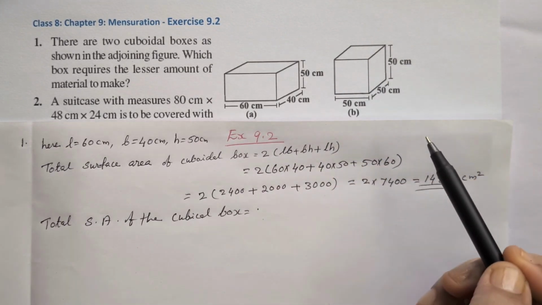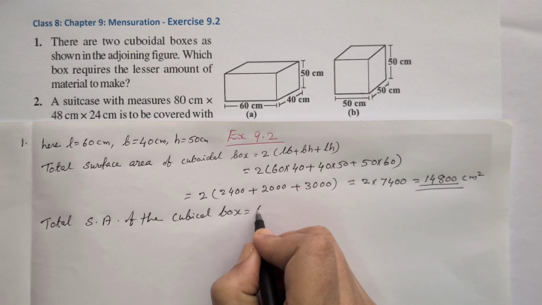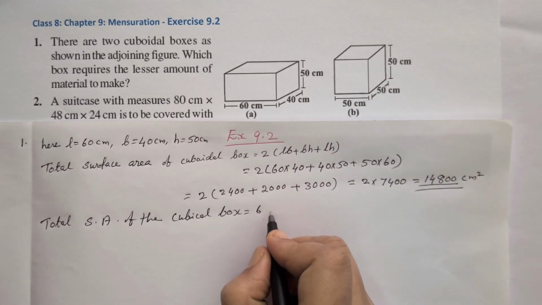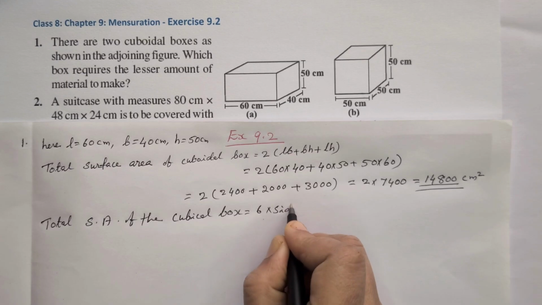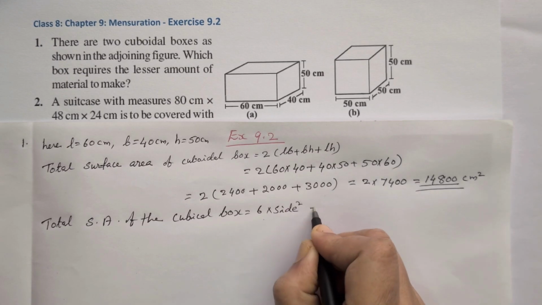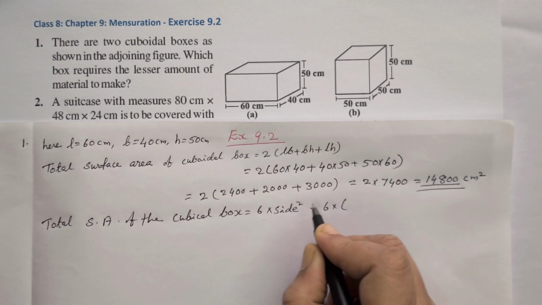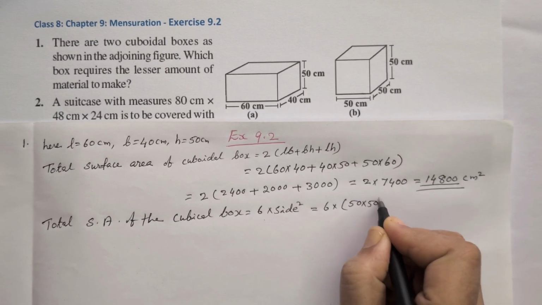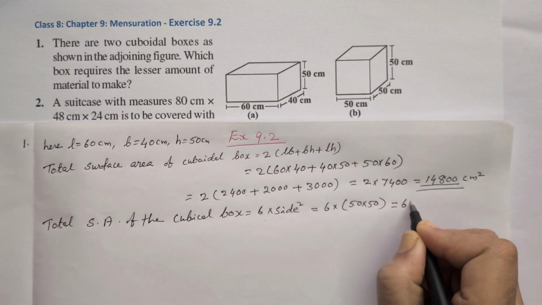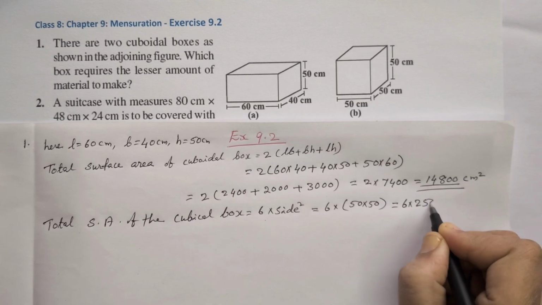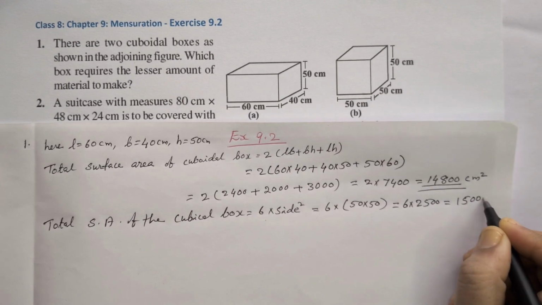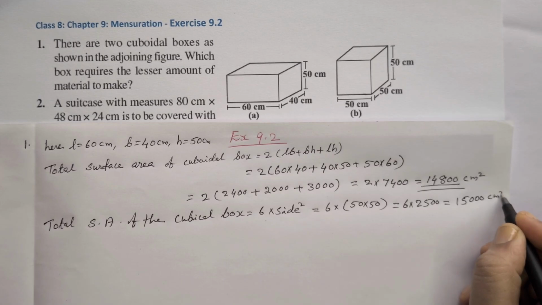So total 6 sides are there. 6 into 1 side, we know that area of this side is side square. So 6 into side square, which is equal to 6 into side is 50, 50 into 50. It is equal to 6 into 2500, and that is equal to 15,000 centimeter square.